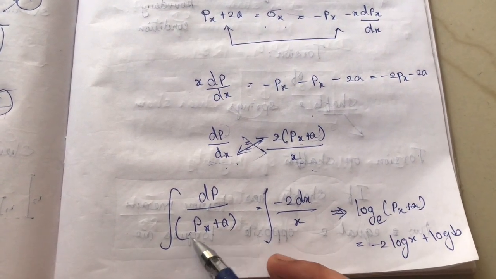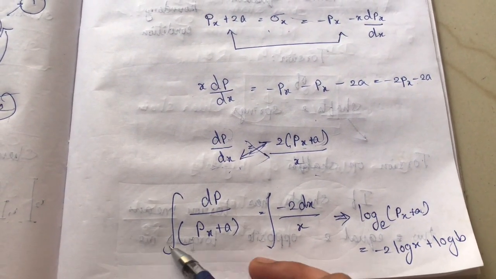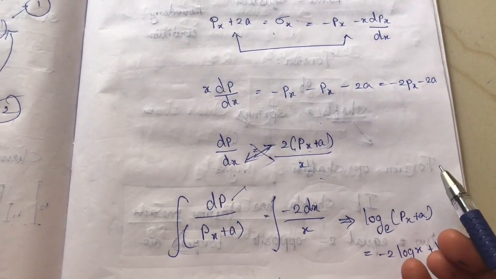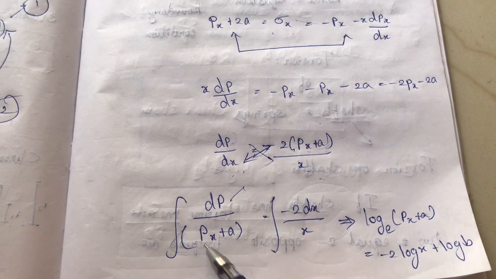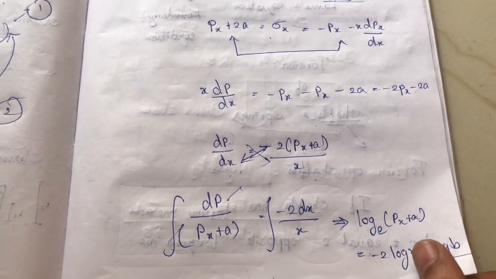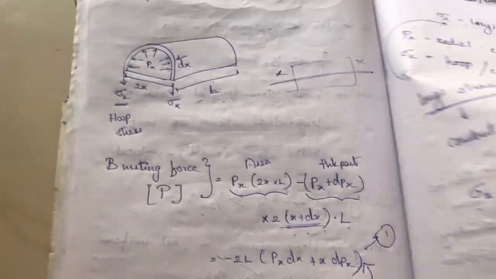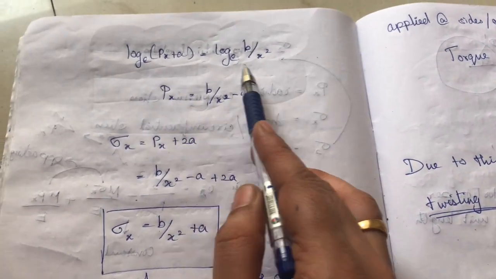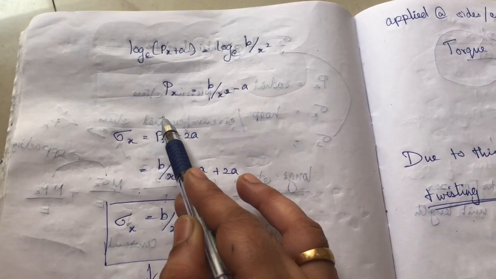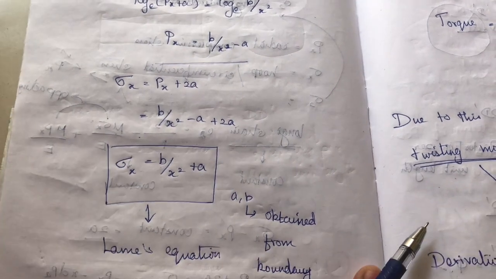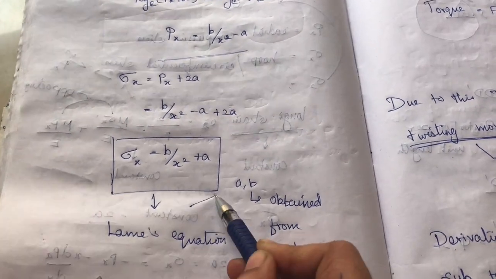So log of this one, because if we differentiate this we should get this. So we can write it as log of the denominator, and this is the integration. So I am just including log of b as a constant, okay. Next, two logs will get cancelled, and this is the last thing, and after you reduce it you will get sigma x.